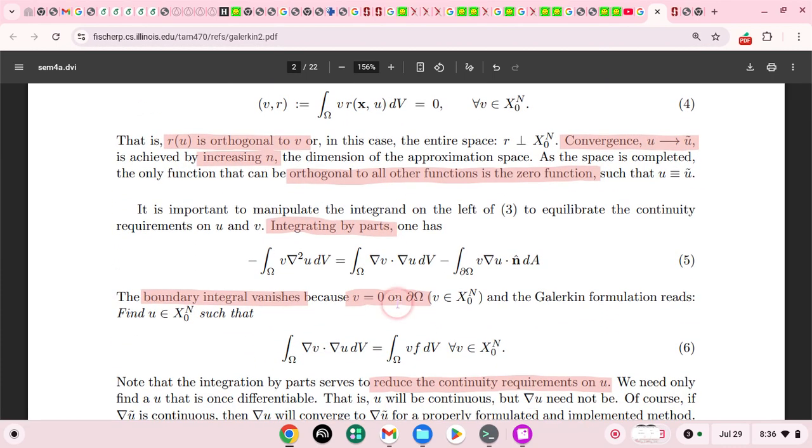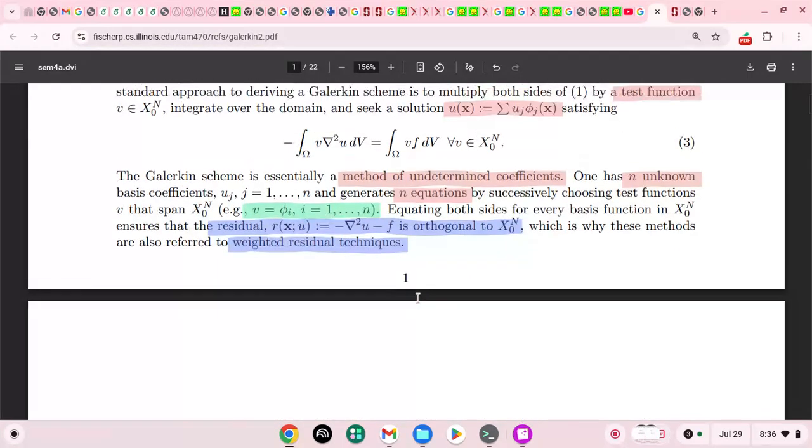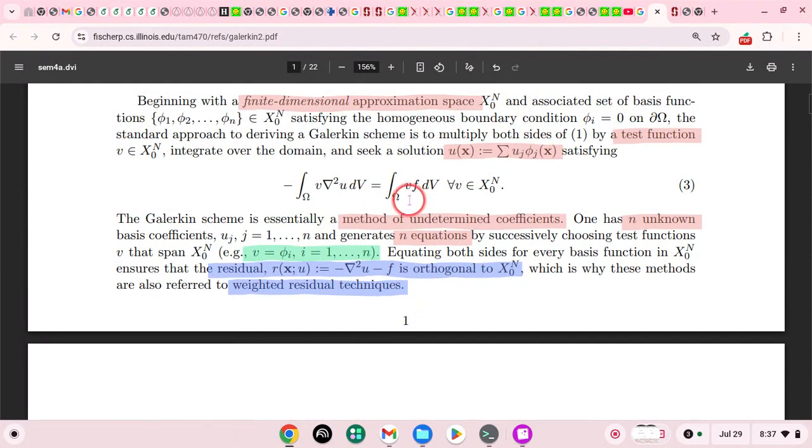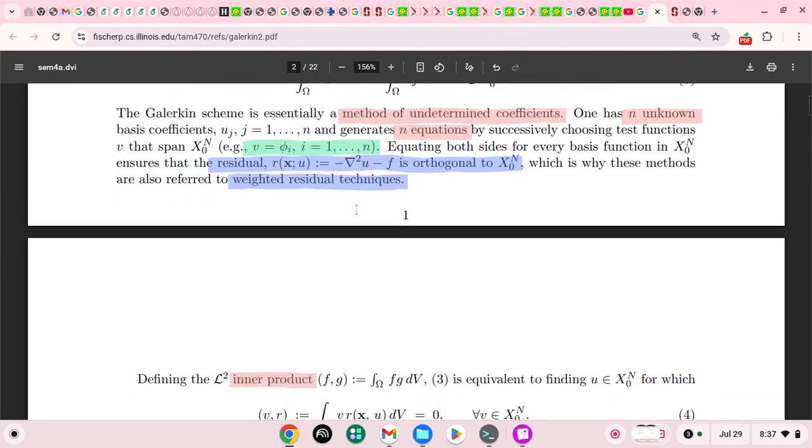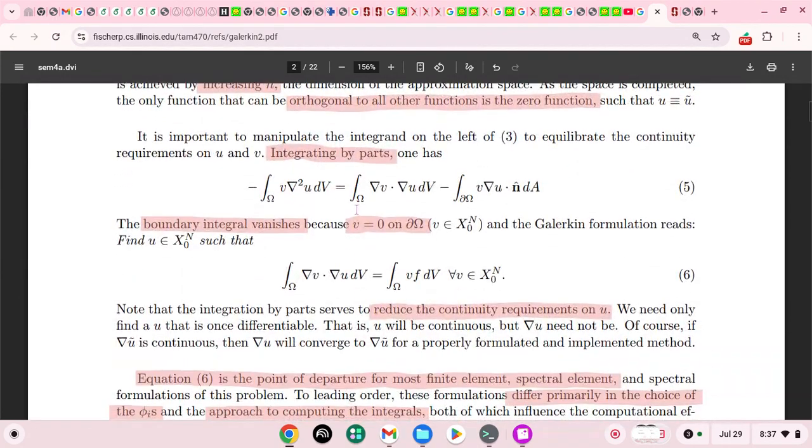We also assumed earlier that v vanishes at the boundary, so this second term will vanish, and using those integration theorems we end up with equation 6, which involves single integrable functions.